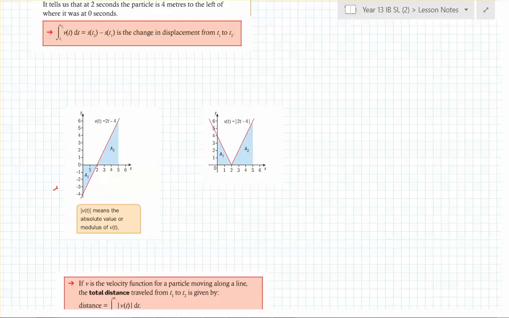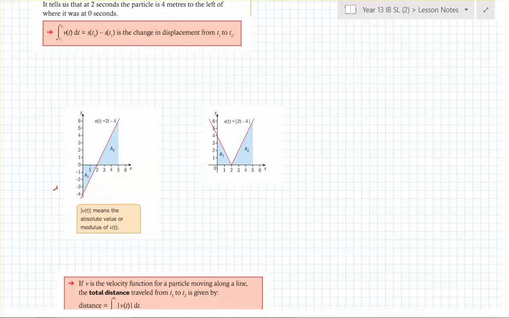Yep. So what we have then, if we actually want a total distance travelled, we've got to convert our graph, or at least think of it in this sense. So no longer when we apply it to a situation can we have a negative area. It doesn't do anything for us, apart from that's displacement.